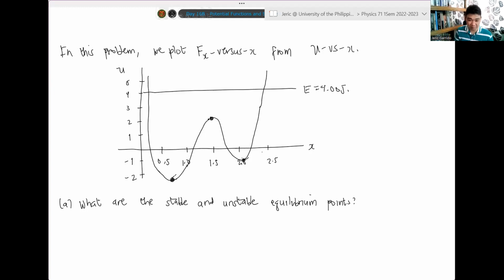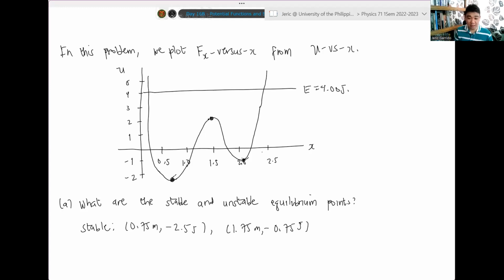Based on my approximation, the stable equilibrium points are located at 0.75 meters, minus 2.5 joules, and at 1.75 meters, negative 0.75 joules. Okay? So yan yung mga stable equilibrium points.